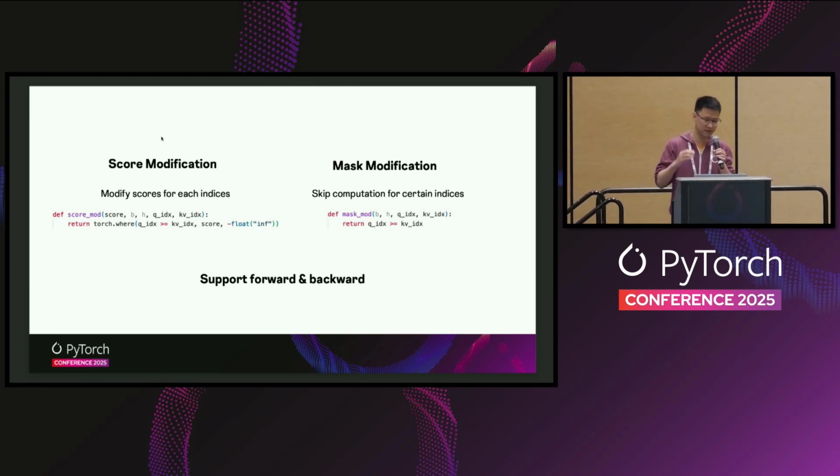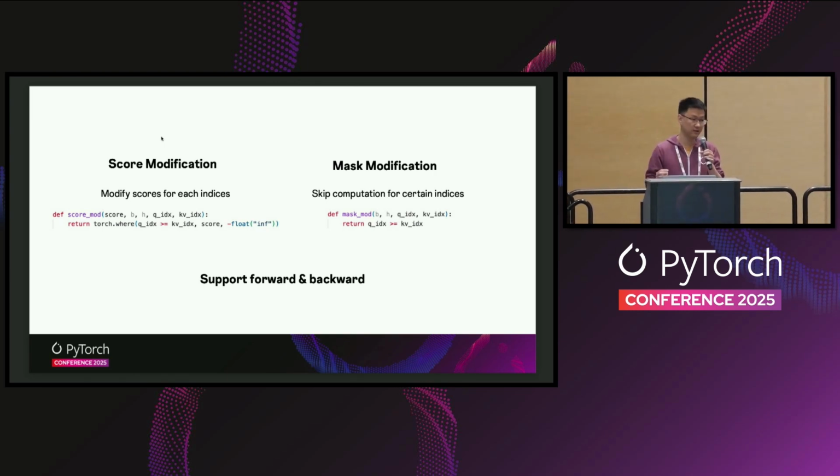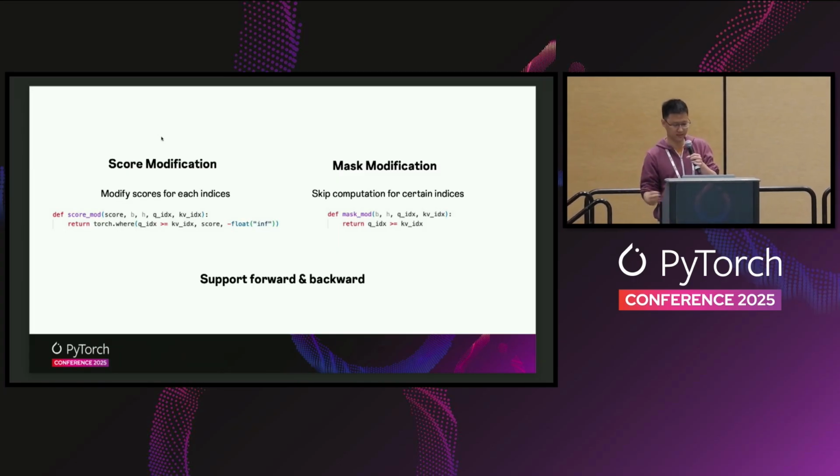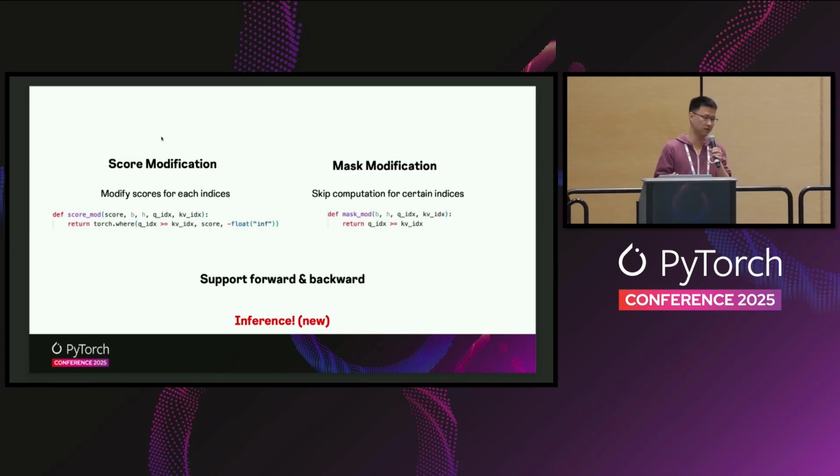It modifies the score for every index. Also, it has a mask modification that skips computation for certain indices. It supports forward and backward, which means you can use it for training, right? We talked about it last year at PTC 2024. And I want to talk about something new we have done over the past year for inference.